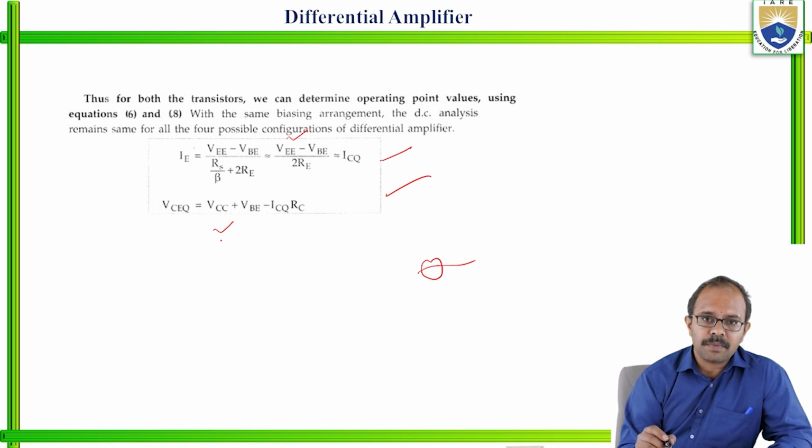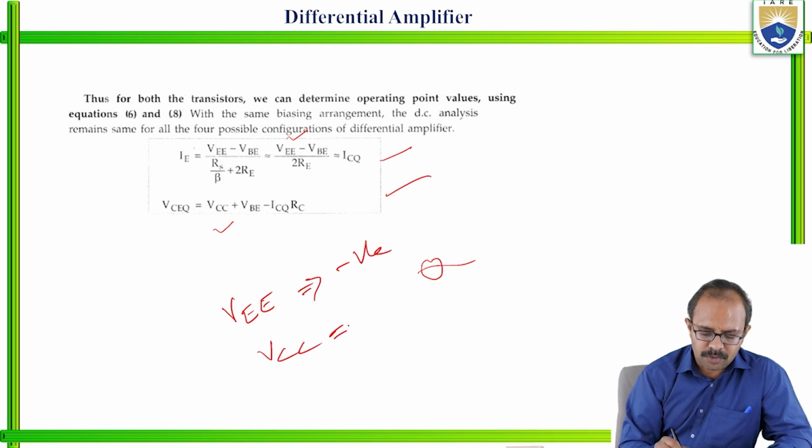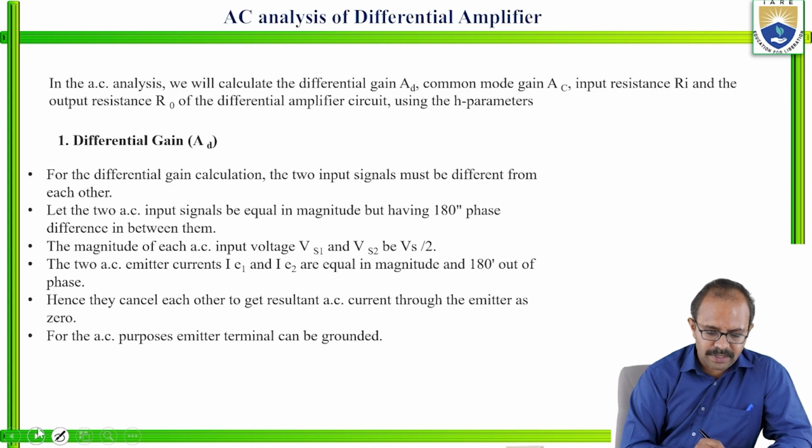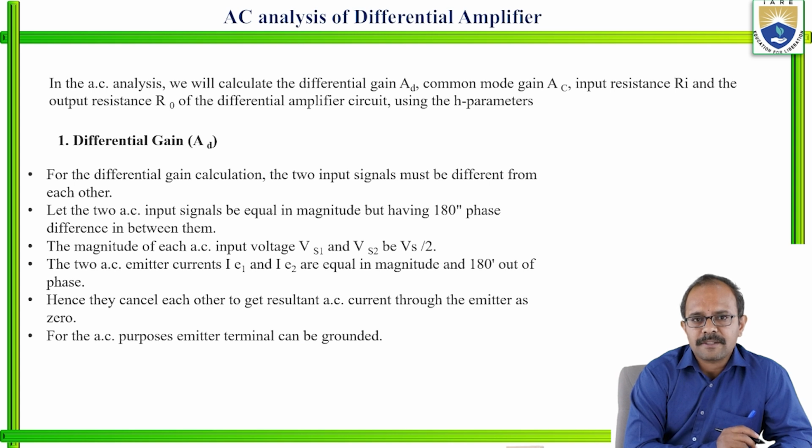Another important point to remember: VEE is a negative bias, and VCC is a positive bias, applied to both transistors. Up to this we have done in the last class.